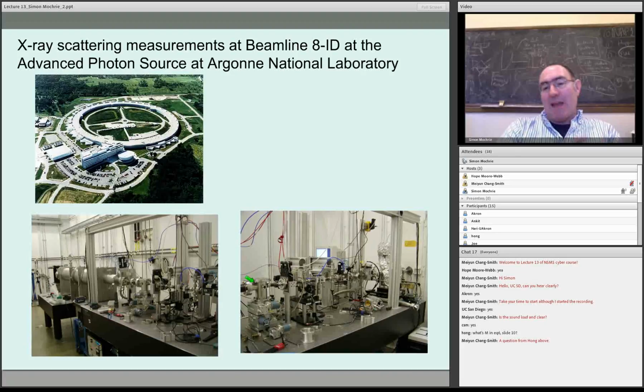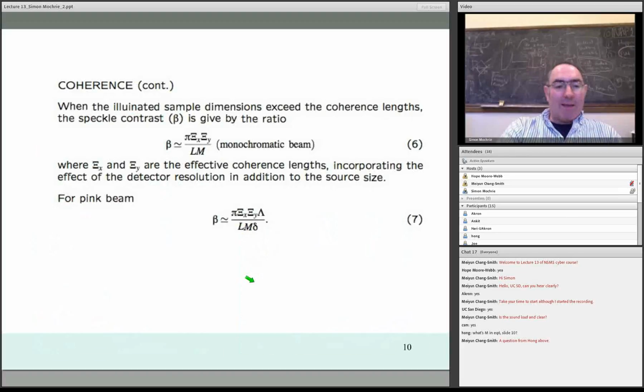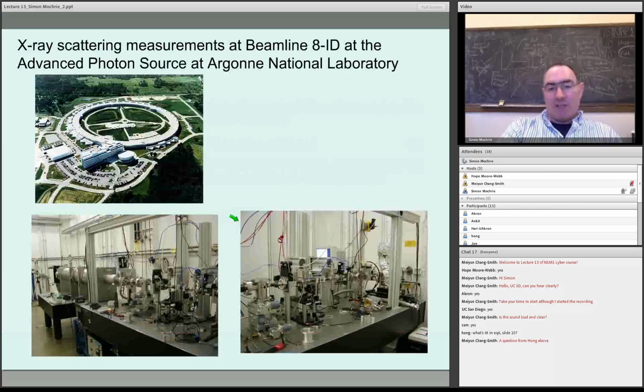So L is the width of the beam, and M is the height of the beam. L and M define the dimensions of the beam, and there are slits right around here. This black thing, I think, is some slits that define those dimensions.